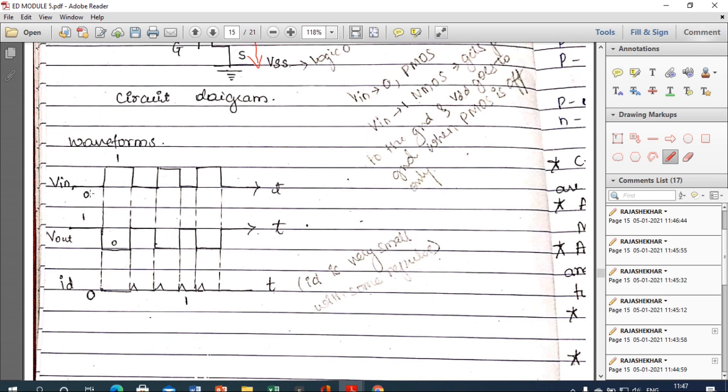This is Vin; if it is 0, this is logic 0, and this is logic 1. When Vin is 0, we get Vout as 1. When Vin is 1, we get Vout as 0, exactly opposite.